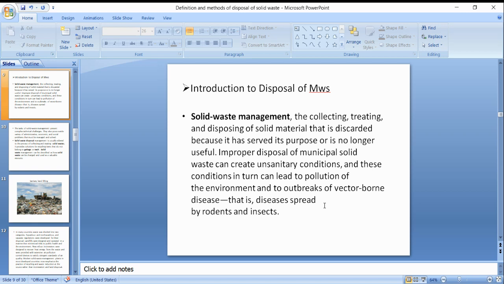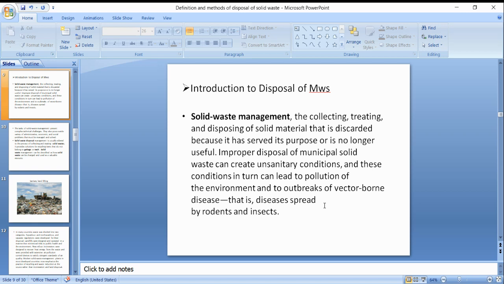There can be outbreaks of vector-borne diseases, that is, diseases spread by rodents and insects, or by any animals. That should not spread the diseases, so we are protecting the environment.